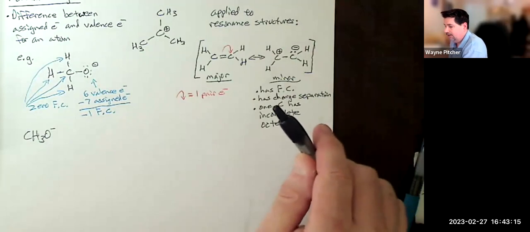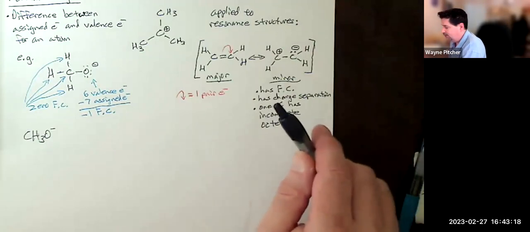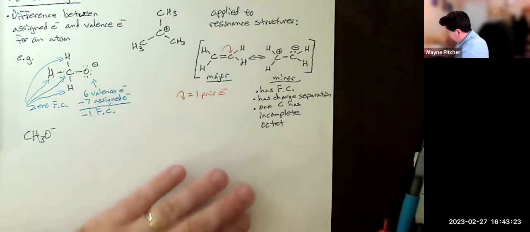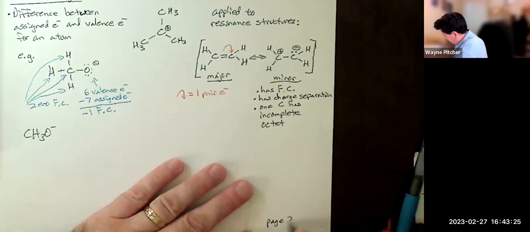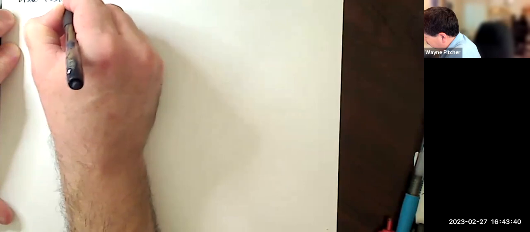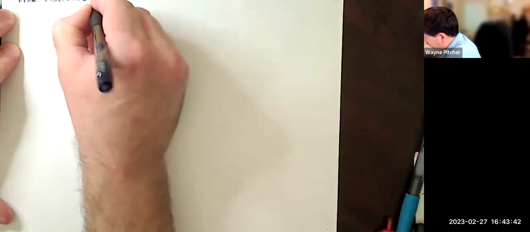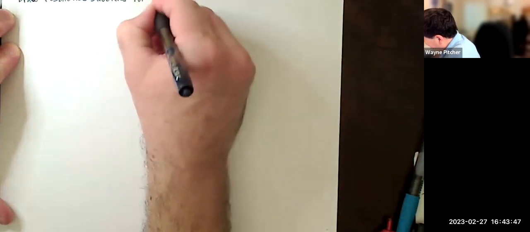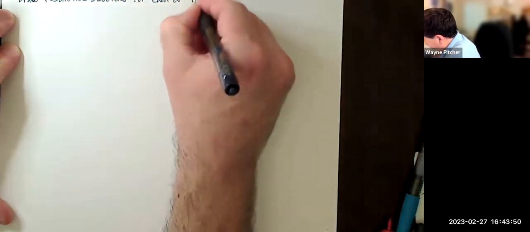Okay. Let's take a look at some other examples here. And let me write these down. Draw resonance structures for each of the following.